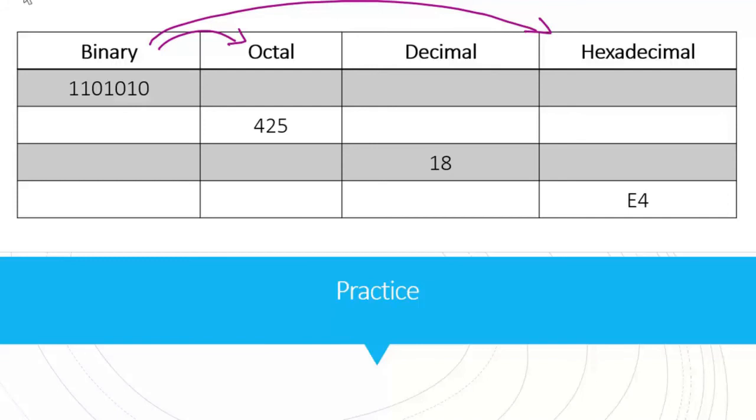In the second question, we're starting with an octal value. The easiest one I can think of here is to take my value in octal and expand each digit, the 4, the 2, and the 5, into its 3-bit equivalent in binary. Then once I have an answer in binary, I can regroup the bits in groups of 4 to convert that to hexadecimal.